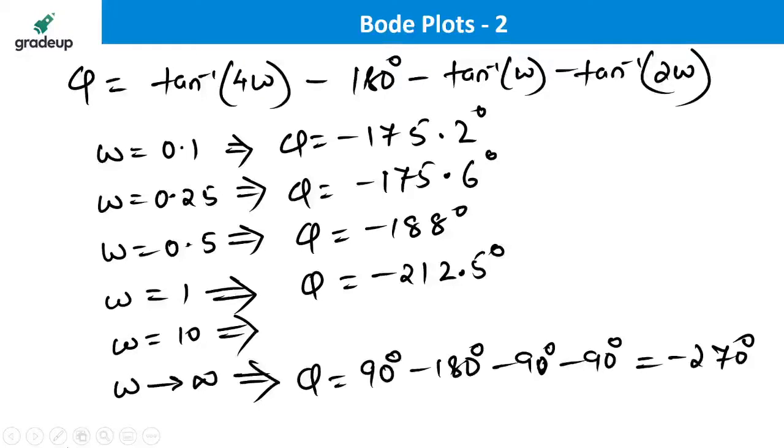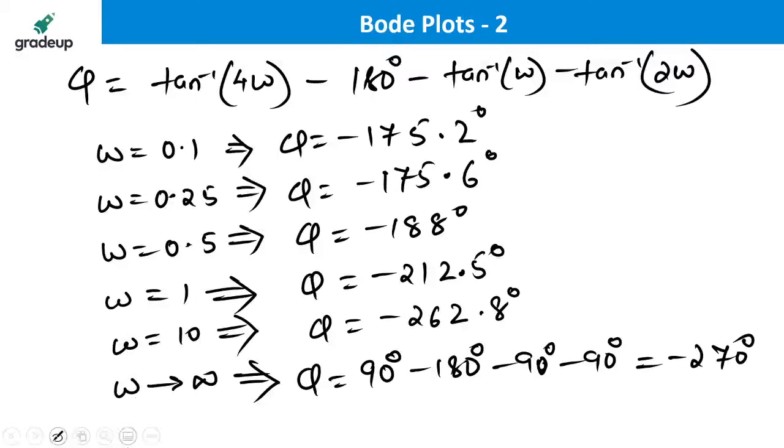Then 10 is just a randomly chosen value. It can be anything, not necessary even if you take that. This is coming up as minus 262.8 degrees at 10, finally going towards minus 270.